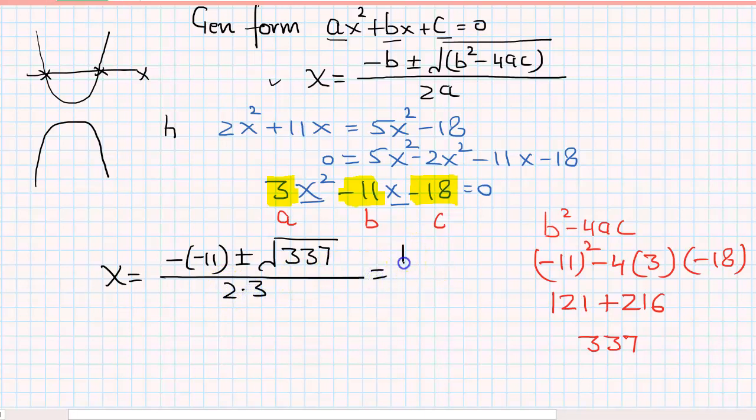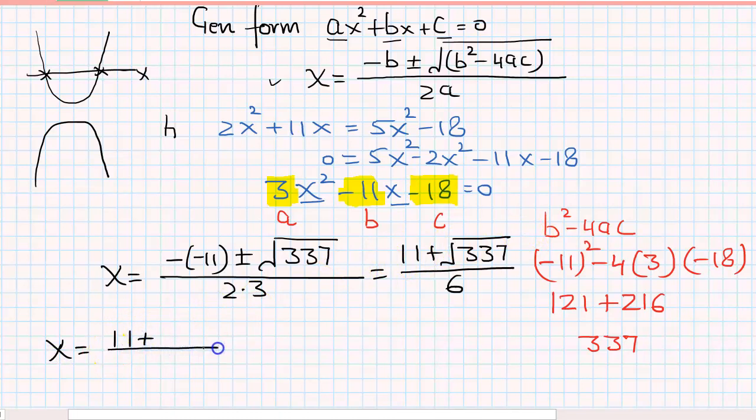So that is equal to 11 plus minus root 337 over 6. Now you can use your calculator directly and you can write the values of x. One is 11 plus root 337 over 6 and another one is 11 minus root 337 over 6.